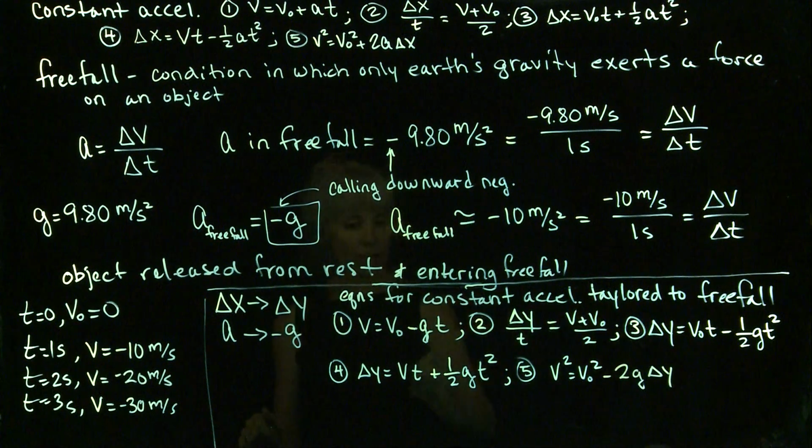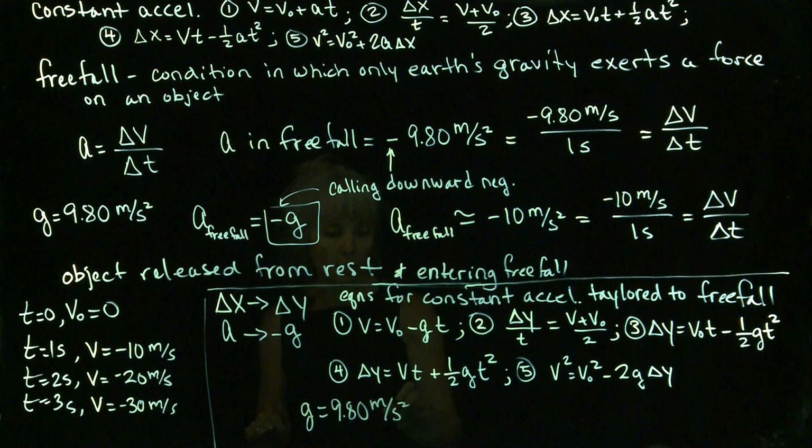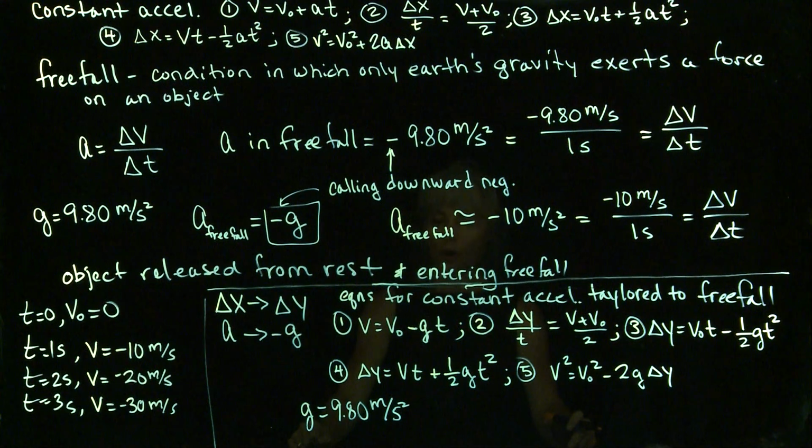So these 5 equations, using g equals 9.80 meters per second squared, give you the set of equations for constant acceleration, but now tailored specifically to free fall near the Earth's surface, where the rate at which objects change their velocity is 9.80 meters per second squared, and we are giving a negative sign to that acceleration because it is pointing downward, and our coordinate system says that downward is negative.